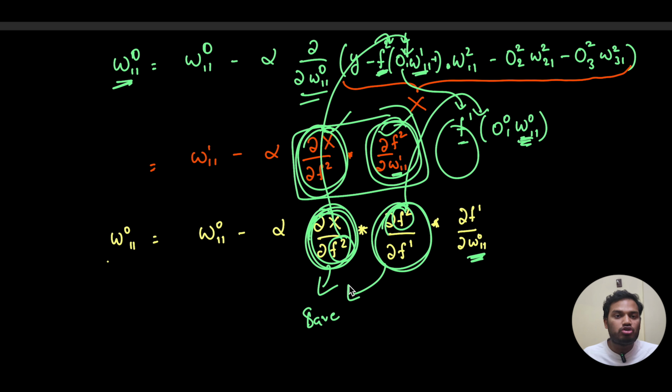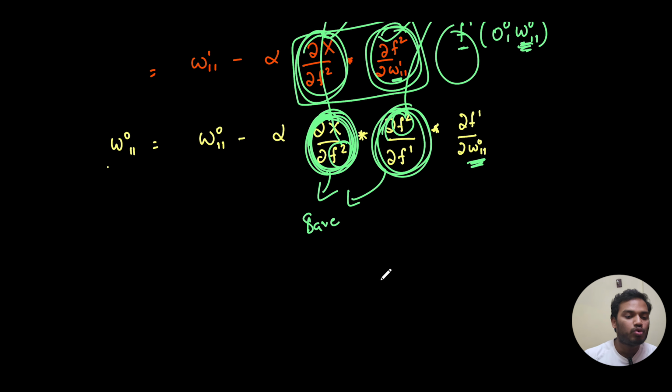In DP, instead of calculating the subproblem again and again, we save the output of that particular subproblem, and we use it further whenever it is needed, right? So that is the idea of DP. The same thing we'll be using over here. We'll try to save these partial derivatives once they are calculated, and whenever in future the same partial derivative is needed, we'll directly use that saved value. Okay, this is what is happening in the case of backpropagation.